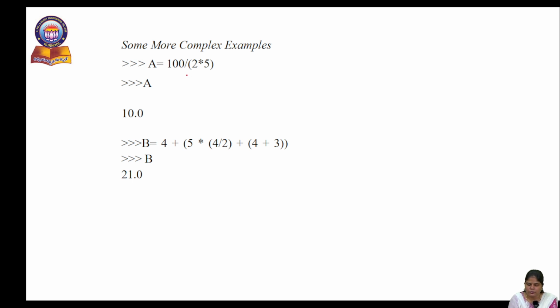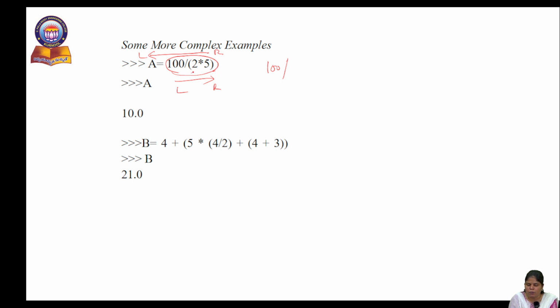So consider this. First I have a division, and then I have the multiplication. These two have the same precedence. When you consider the total expression, a equal to this follows right to left, whereas when you take only this expression, it follows left to right associativity. Right? So now, first it will evaluate the parenthesis values.